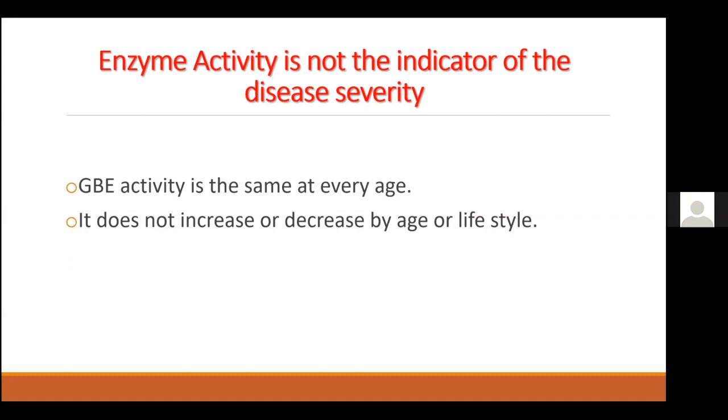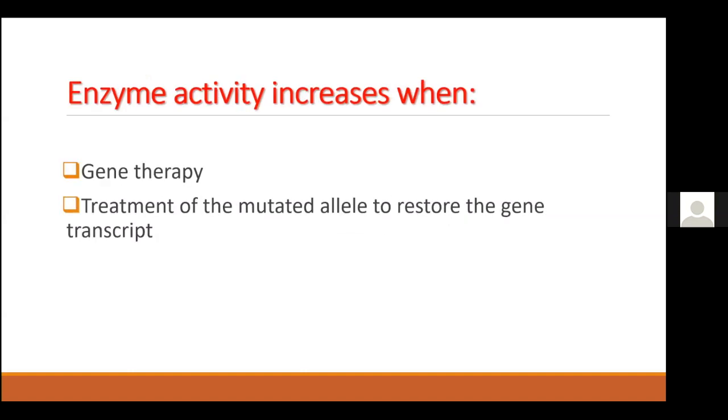I would like to emphasize this because I got this question quite a lot in the past. Patients were trying to target the enzyme activity, thinking that enzyme activity decreases over time. It does not. Over time, what happens is that the polyglucosan accumulation increases, and in the end that is the main reason patients have the symptoms.